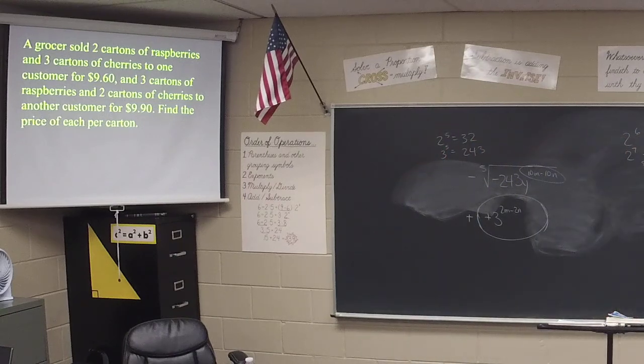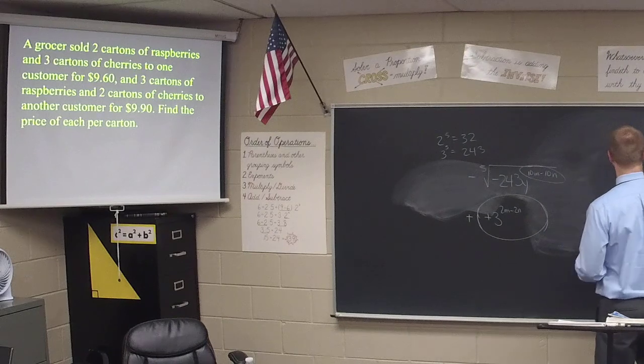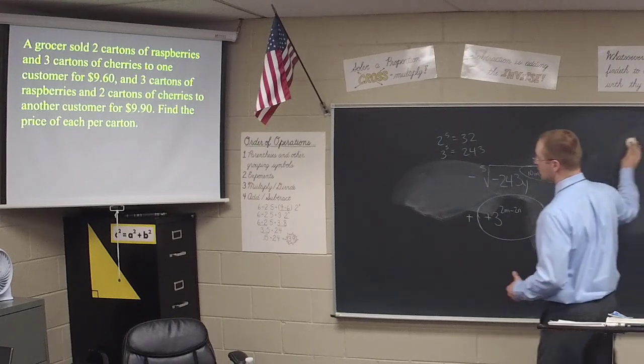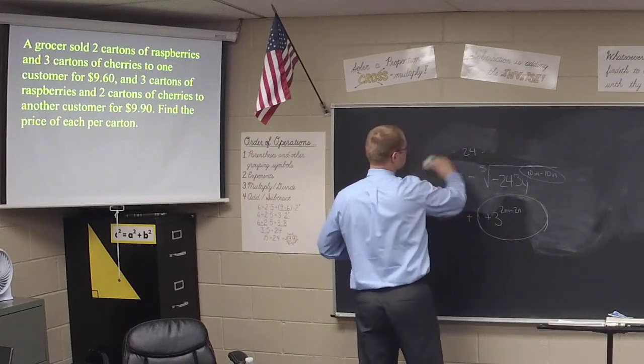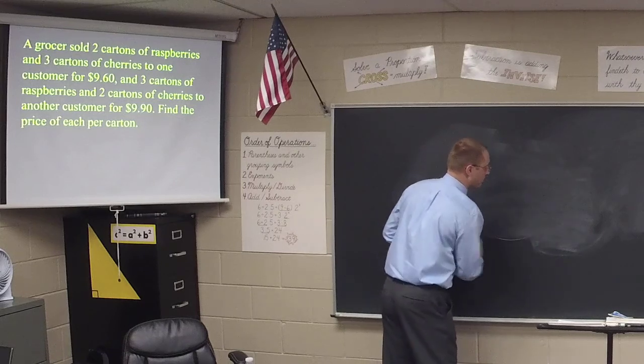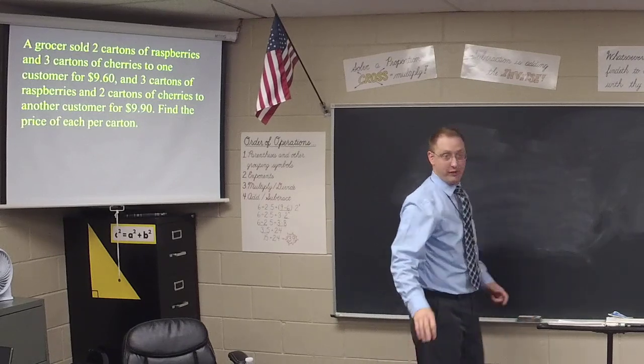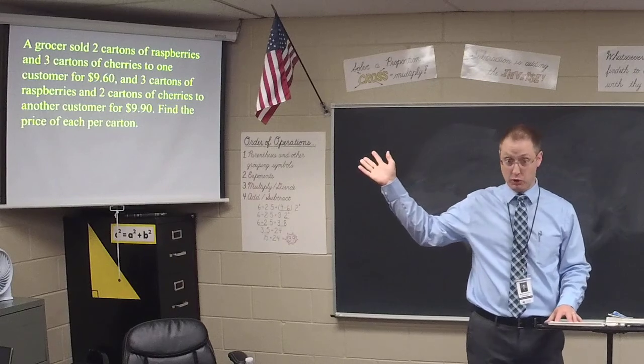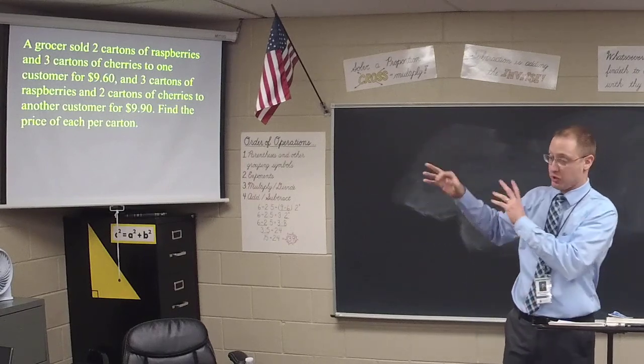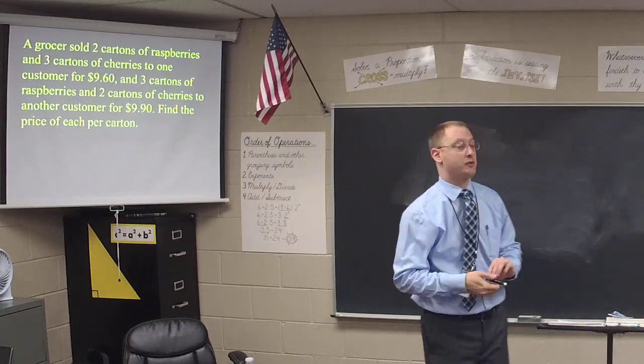How many unknowns do we have in the problem, Brecken? 2. And what are the 2 things we're trying to figure out? Good, the price of raspberries and cherries. Not the number of raspberries and cherries, right? That agreed? We know the number of cartons, so whatever.